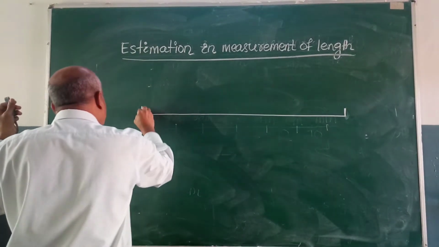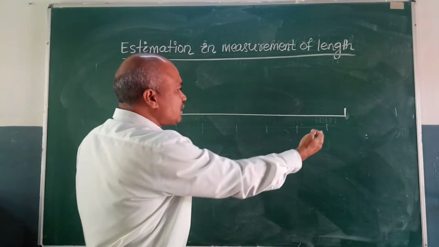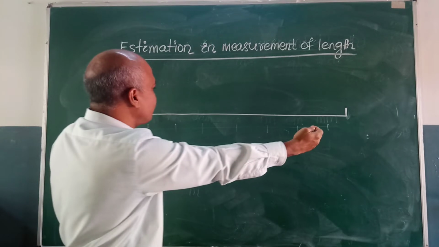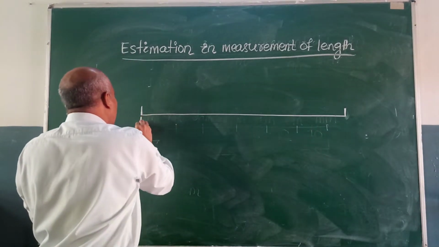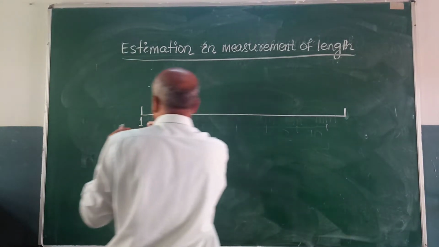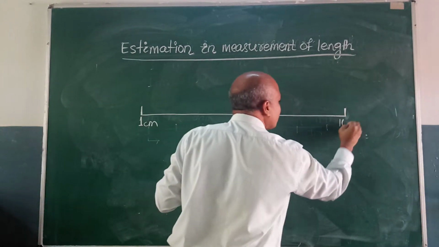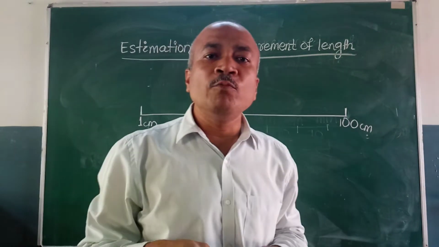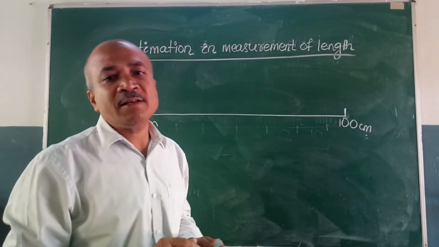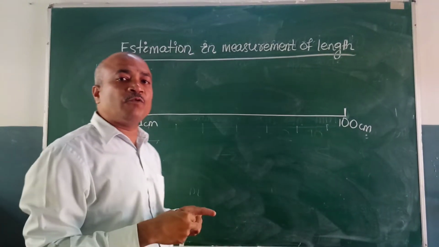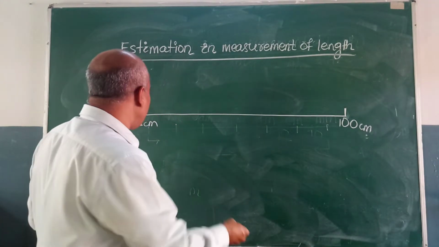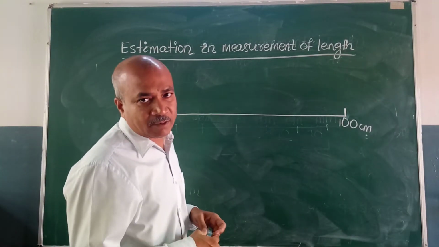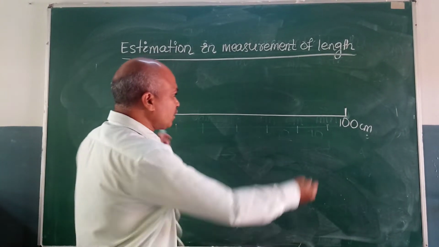That means wherever the distance is between 1 centimeter to 100 centimeter, there you can take the unit to measure. Your estimation will be in centimeter. But wherever you find that the measurement is more than this, there you have to use the unit meter. Okay, that means this is 1 meter.